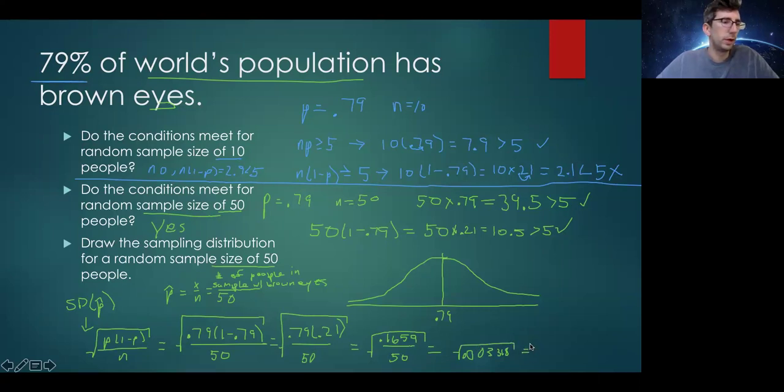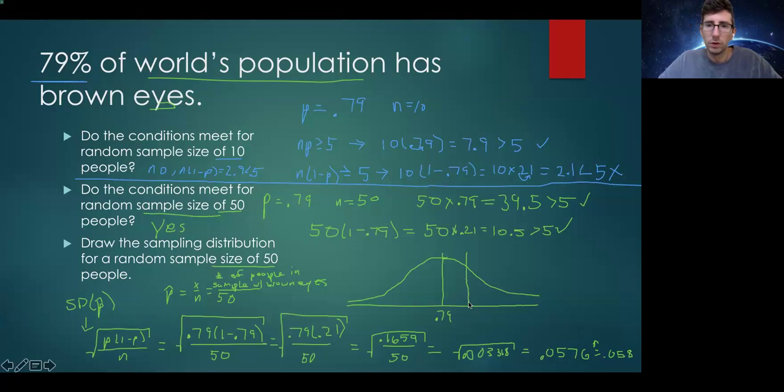So finally, if we take the square root, we get 0.0576, we'll round it up to 0.058. Okay, great. So our standard deviation of our p hat is 0.058.